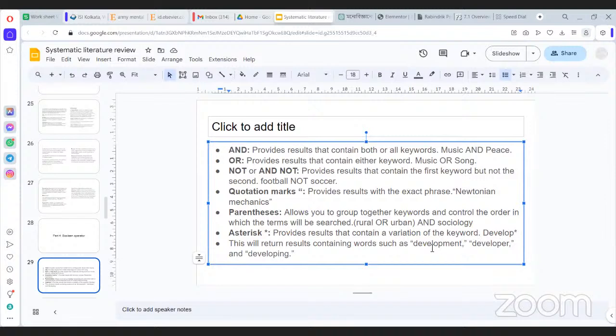Then you will get all the keywords, that is development, developer, and developing. In this way you can search your data or related abstracts or papers.